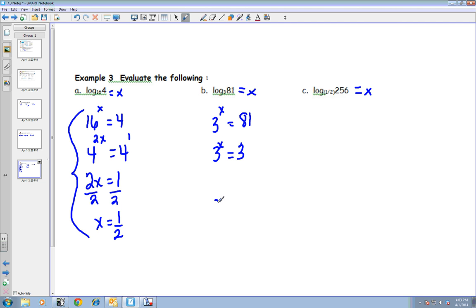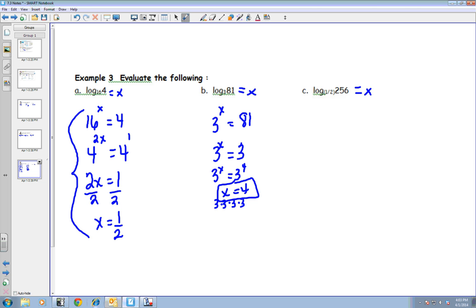Okay, so let's figure out. 3 times 3 is 9, times 3 is 27. 27 times 3 is 81. So it's going to be 3 to the x equals 3 to the 4th. So x should equal 4.